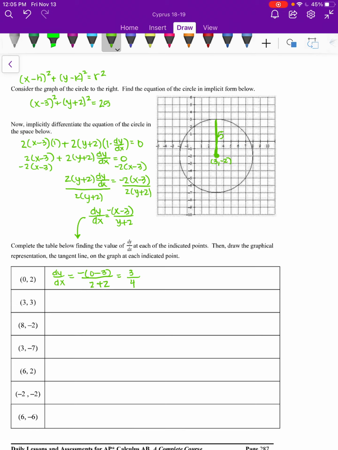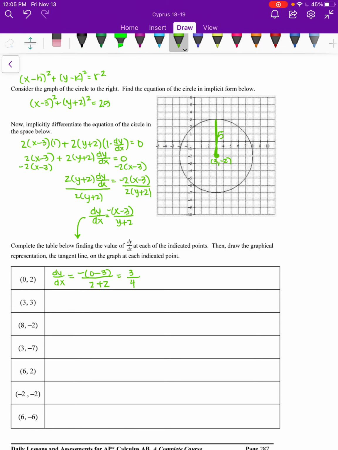So let's go ahead and draw. I'm going to erase that radius line here. Let's go ahead and draw that tangent line on our graph. So the point (0, 2) is right here. Okay. It's a positive slope of 3/4.